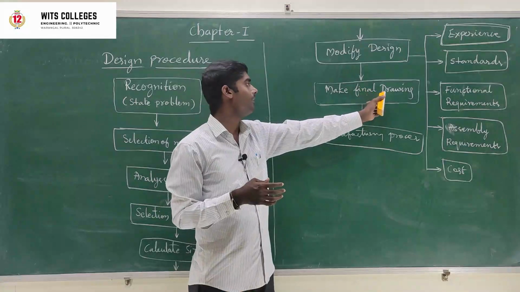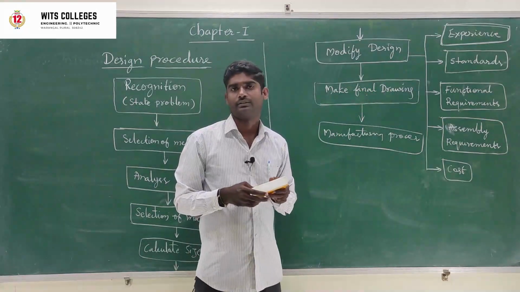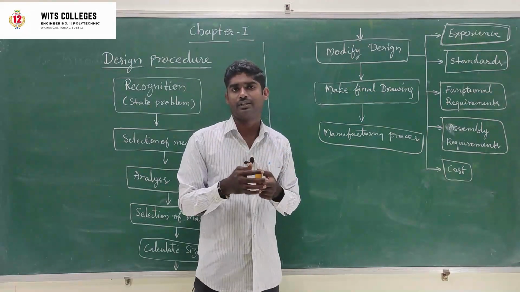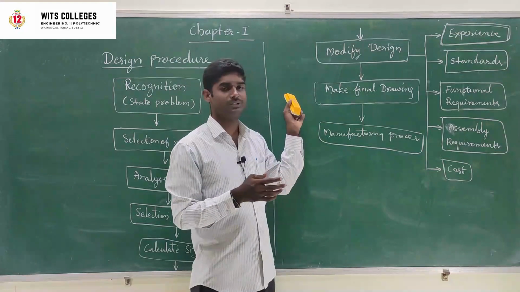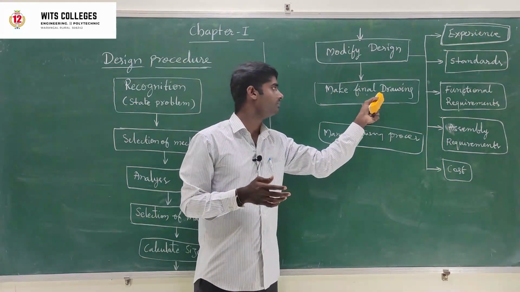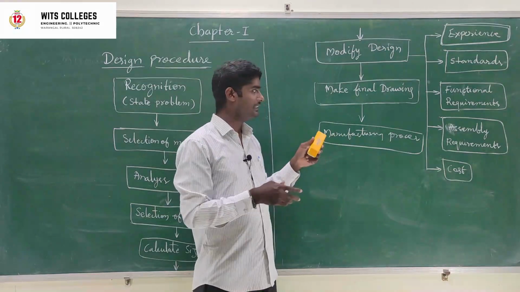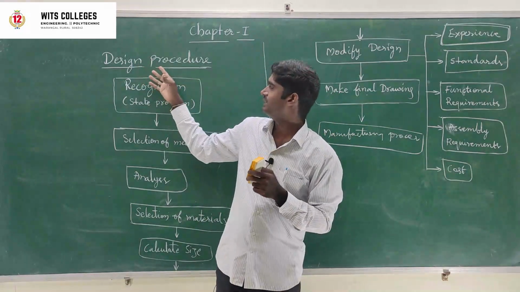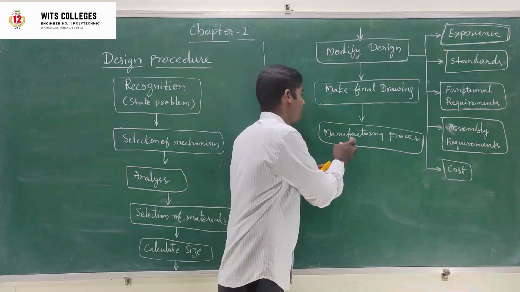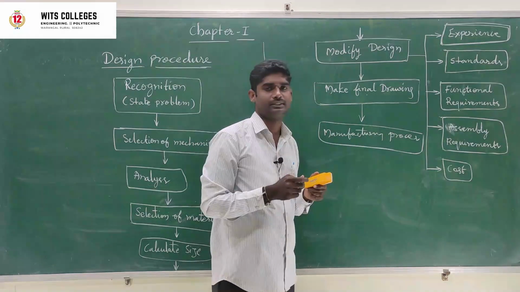Next, go for making the final drawing. Using all those steps, after that we make the final drawing. This is the basic design procedure. After that, go for the manufacturing process.